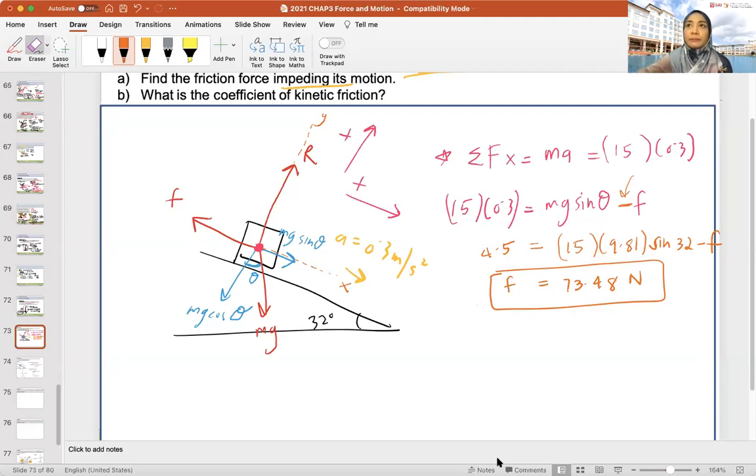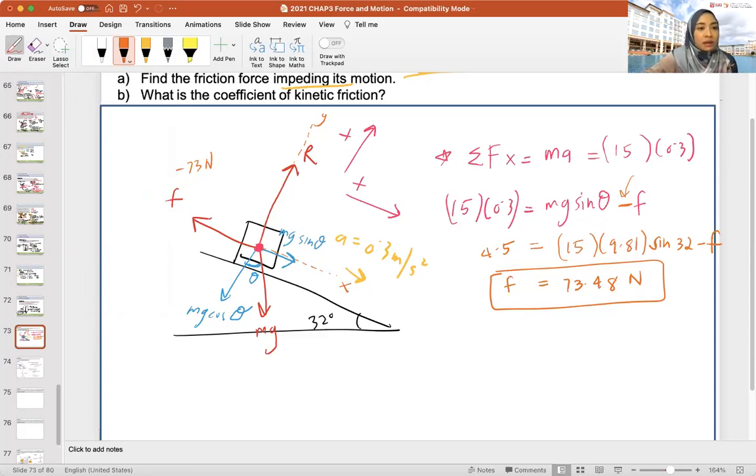Sama juga macam, why do I not put G as negative in my free body diagram? Because I put the negative direction in my equation. Sama juga macam kenapa saya tak letak negative 73 Newton kat sini. Saya tak perlu because the free body diagram already tells me.